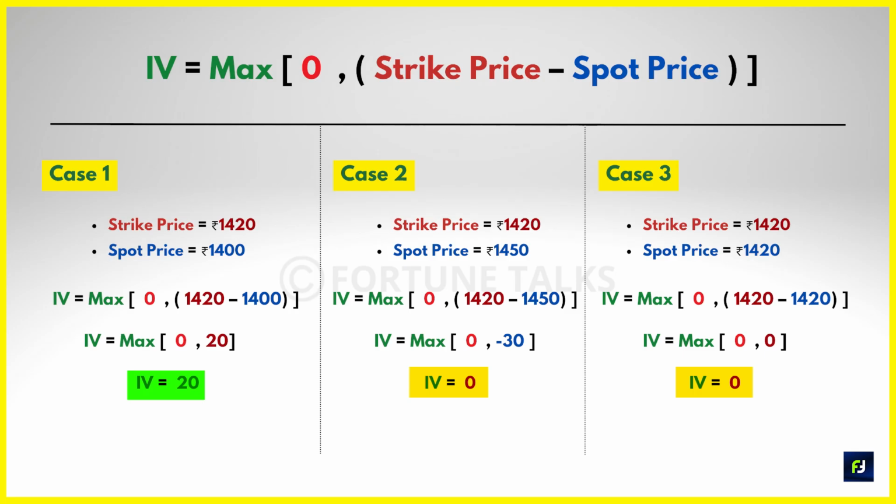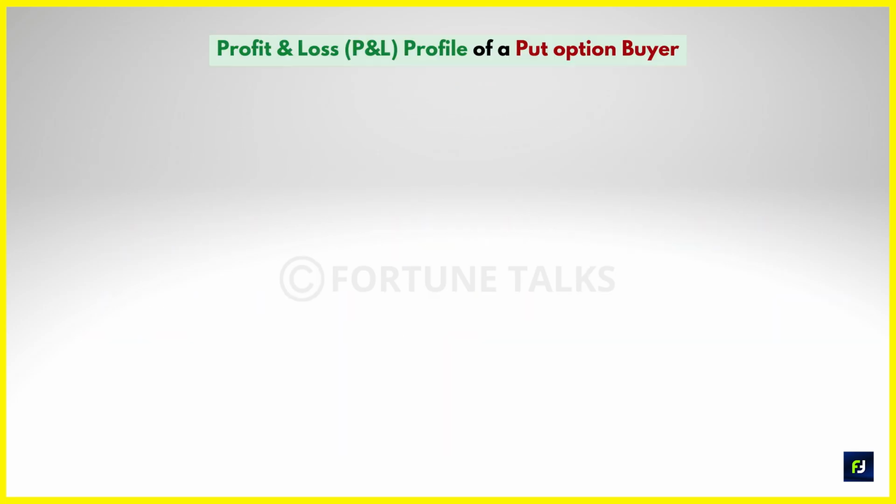You can see the detailed calculations on the screen. Now, keeping this concept of intrinsic value of a put option in perspective, let us build a table which would help us identify how much money the buyer of Bharti Airtel 1420 put option would make under various possible spot value changes of the underlying stock upon expiry.